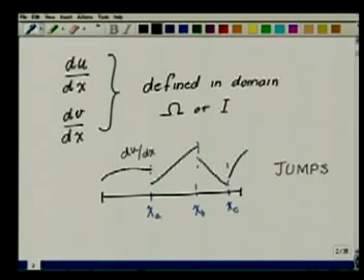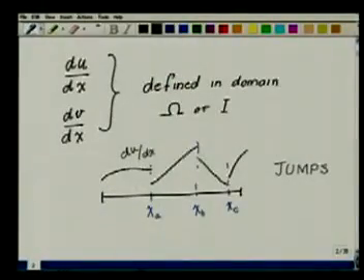If this is the function that we have, then the integral on the left hand side in the previous page is defined. Anything worse than this, that is, anything worse than a jump, means that there will be a Dirac delta at these points in the derivatives. In fact, even the u can be discontinuous.